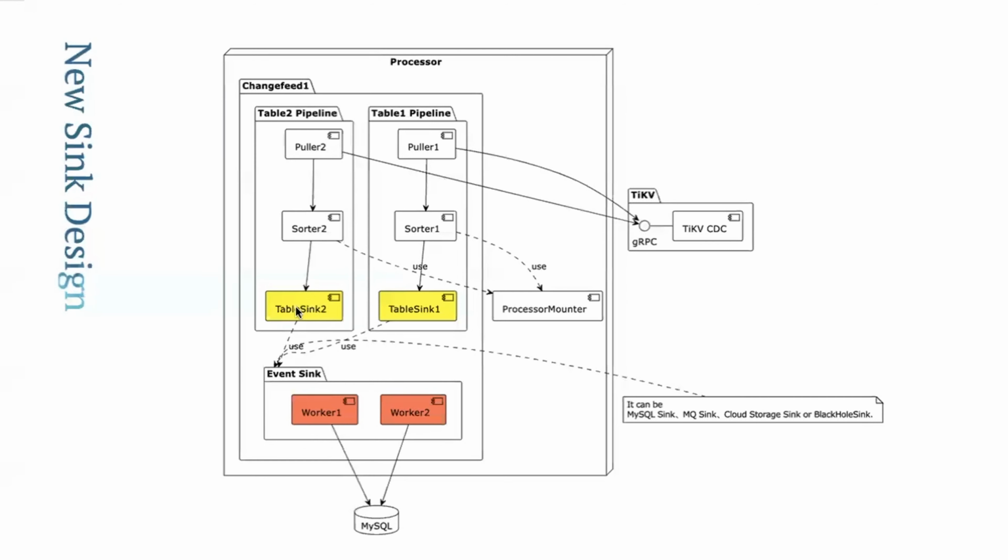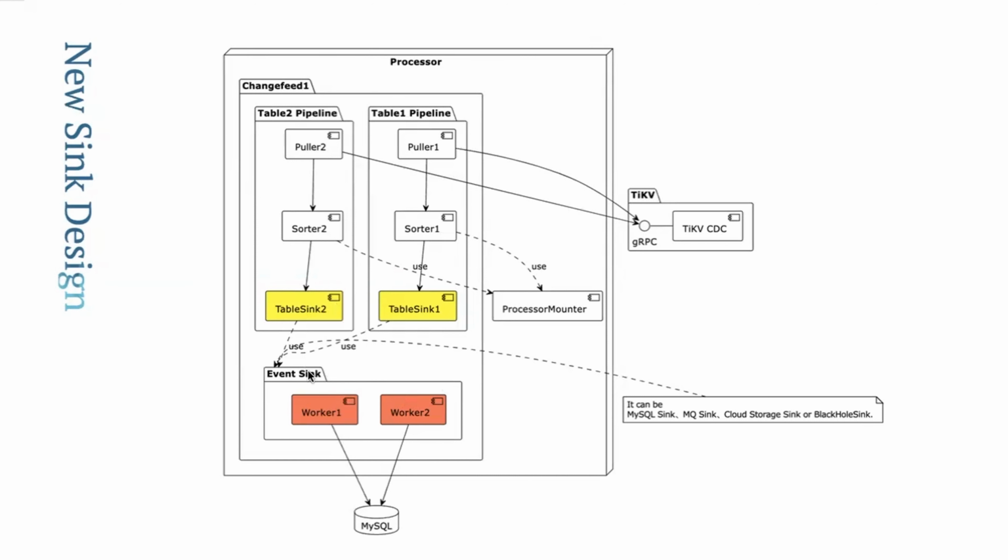We made the table sync more focused by limiting its scope to be just a buffer, and it does not have any knowledge about the TiCDC system or the MySQL stuff. It's a pure buffer for a specific table. And as for the event sync, we don't have any table information here.